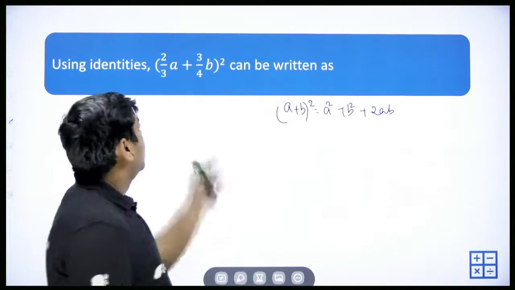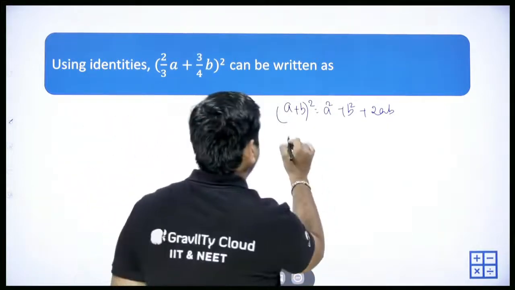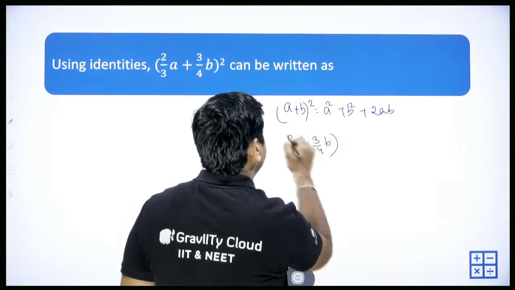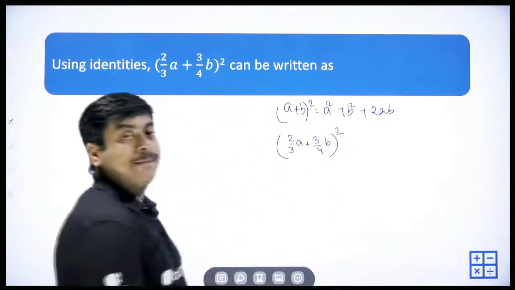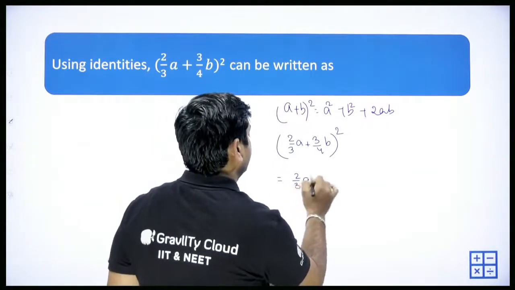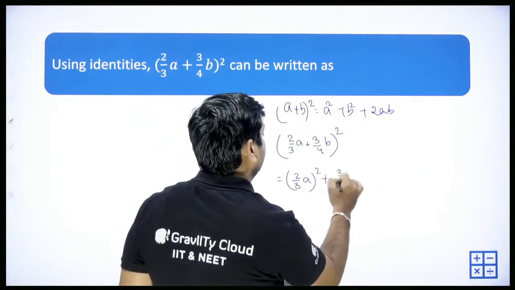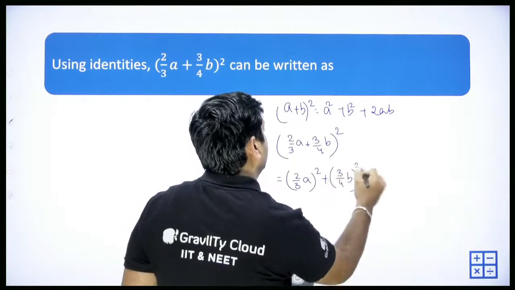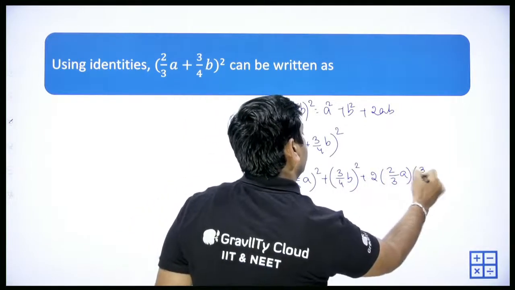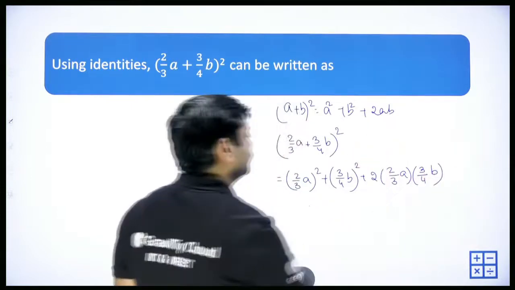So now 2 by 3 times of a plus 3 by 4 times of b whole square. If you want to expand, you need to apply that formula. a square (2 by 3 a whole square) plus b square (3 by 4 b whole square) plus 2 into 2 by 3 times of a into 3 by 4 times of b.